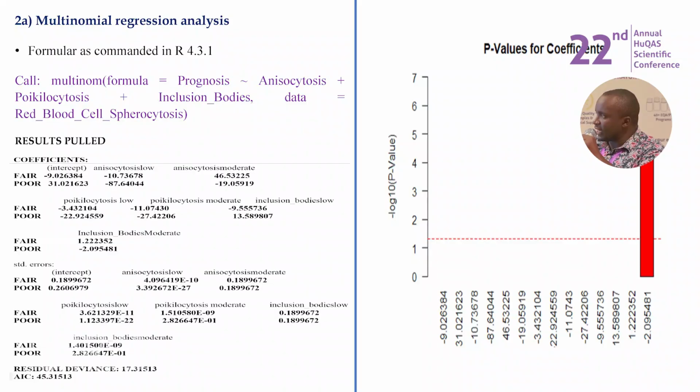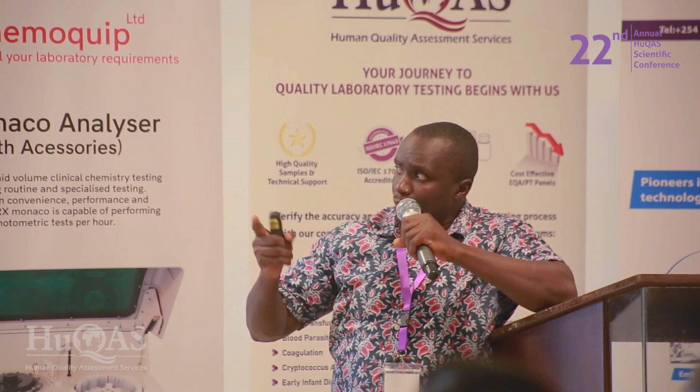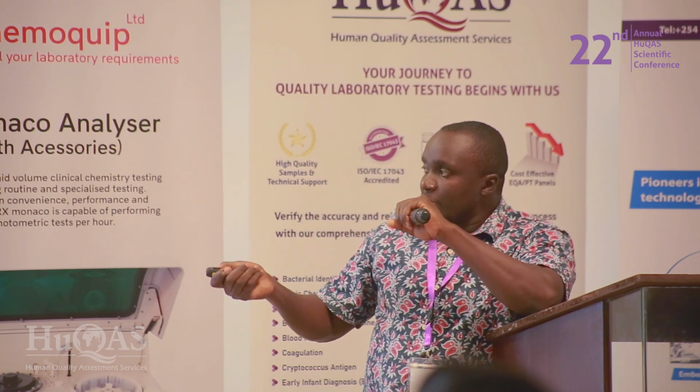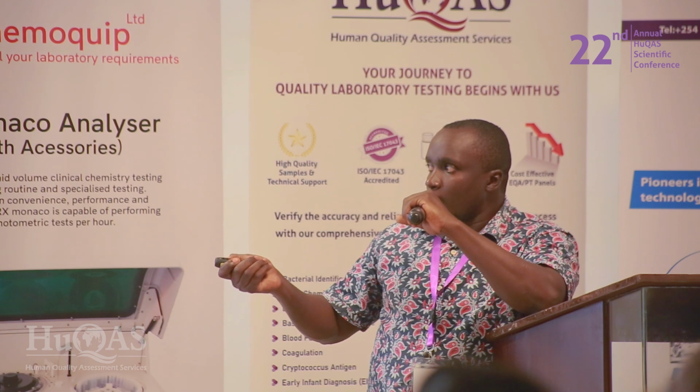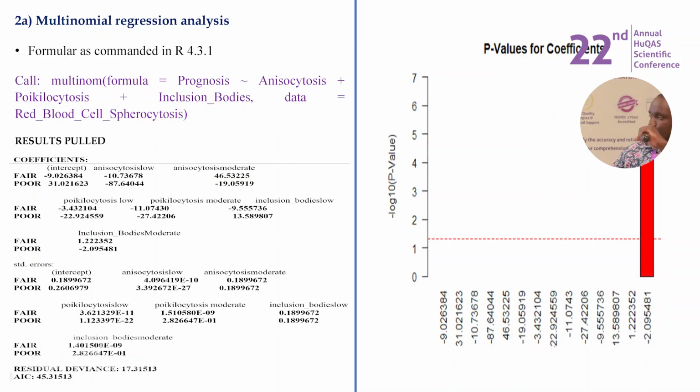So we visualized the information here. This is much better, because now we can see all the coefficients that we obtained: the coefficients related to low anisocytosis, moderate anisocytosis, and poikilocytosis. We can now assess which one was not statistically significant.